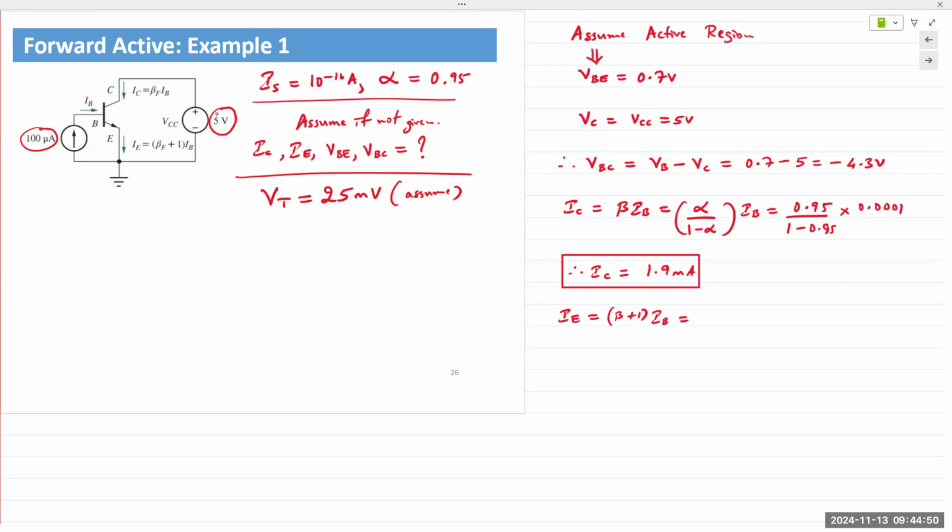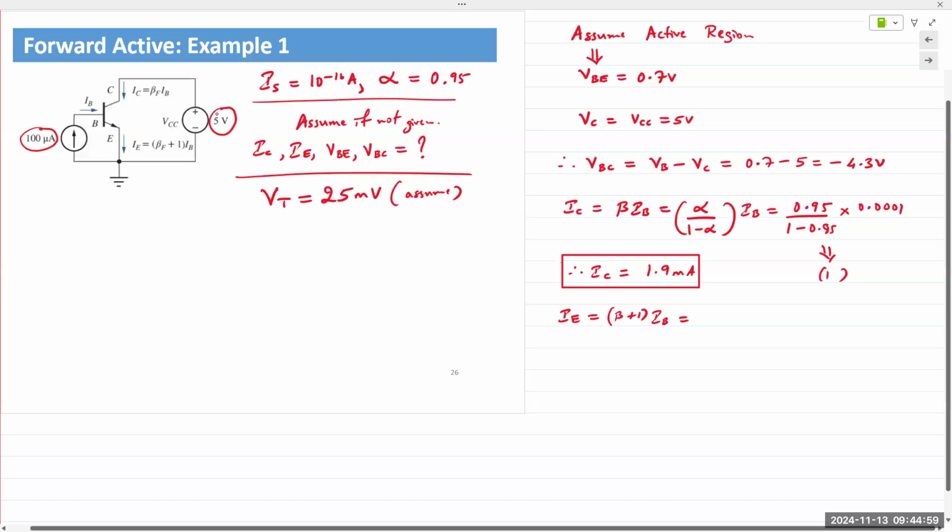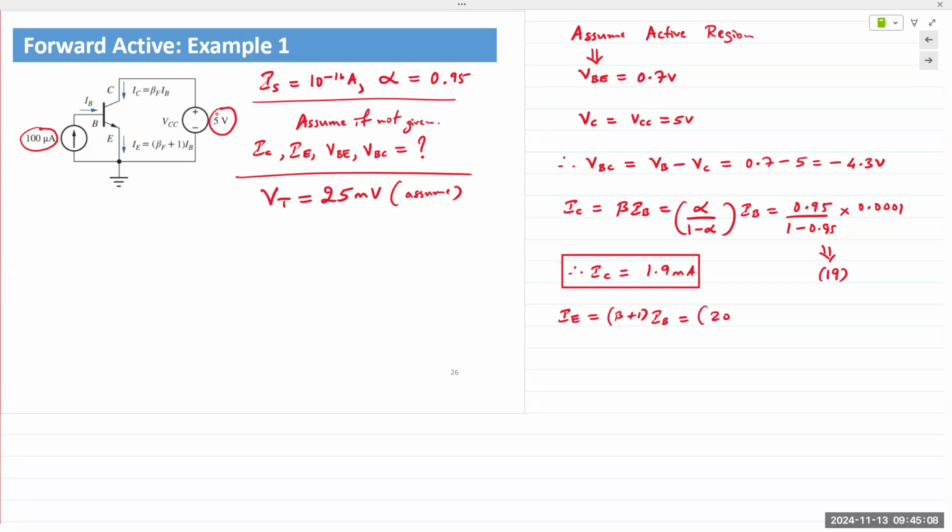Beta is 19, so this would be 20 times 0.0001. That gives you 2 milliamps. IE would be 2 milliamps.